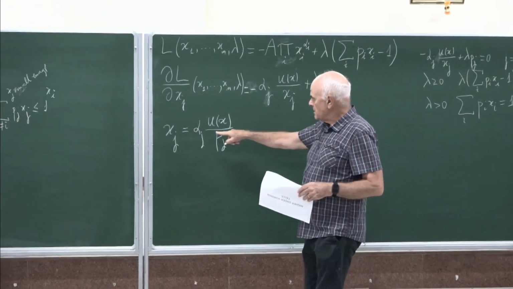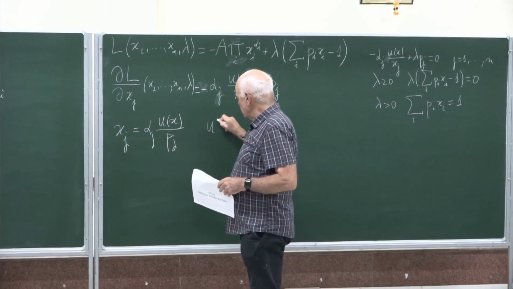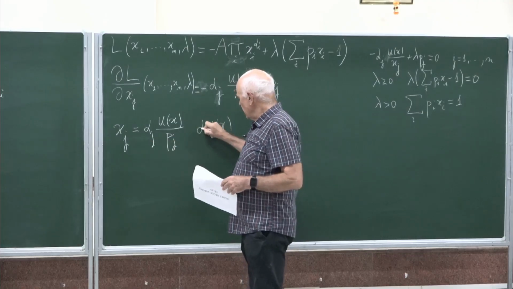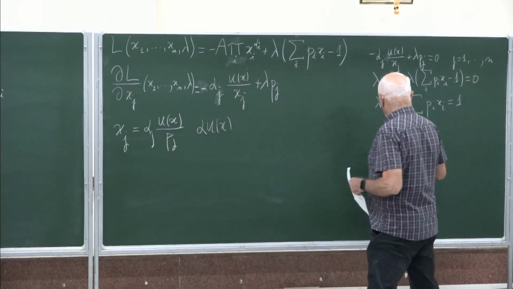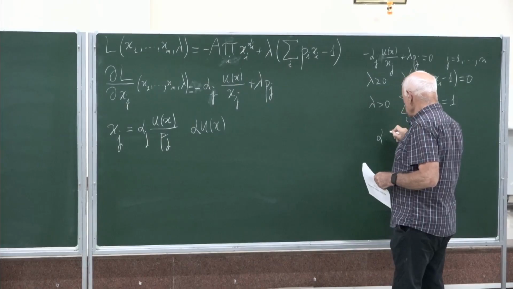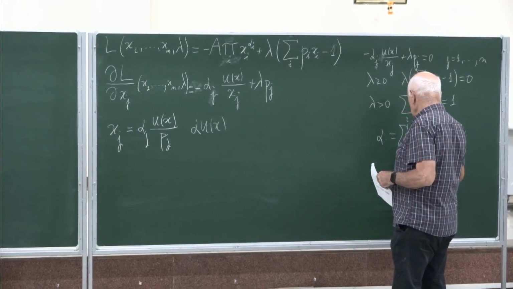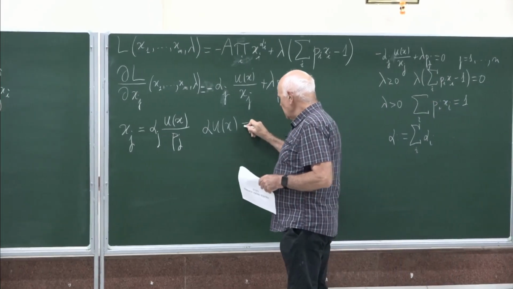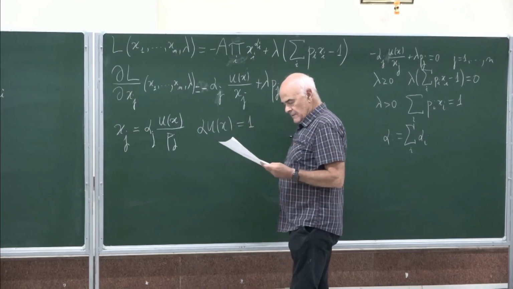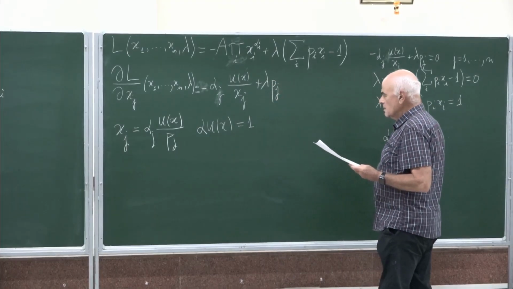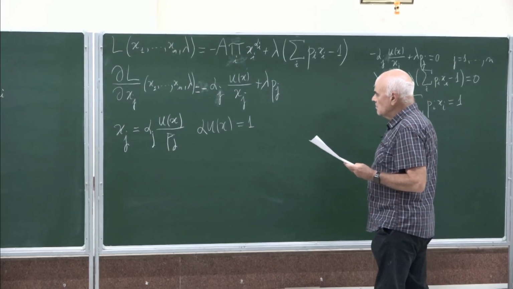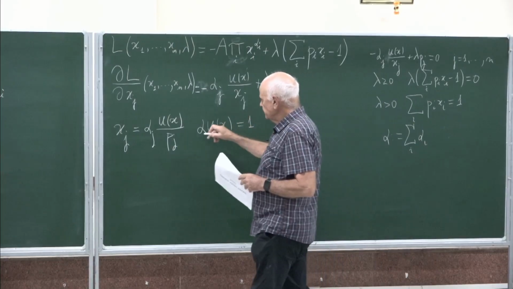And on the right-hand side, we get u of x times the sum of the alpha j's, which I call alpha as usual. So the conclusion is alpha u of x, I forgot this lambda.